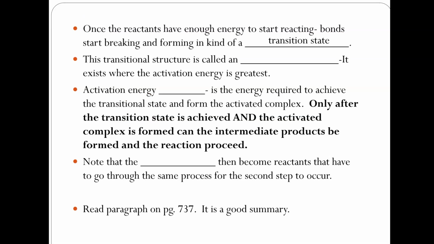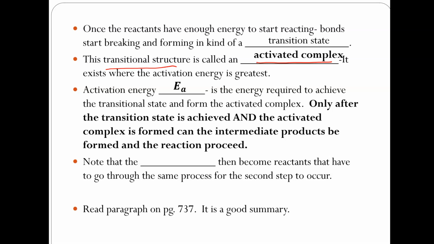Once the reactants have enough energy and they actually start reacting, then bonds start breaking and forming. This is called transition state. And this transitional structure is also named activated complex. Okay, so these two are the same. It exists where the activation energy is the greatest, also known as EA for activation energy.